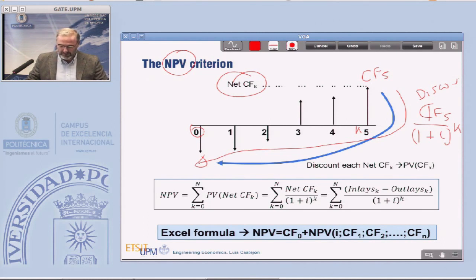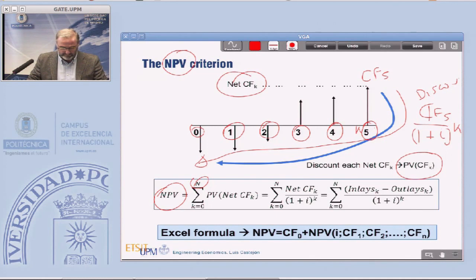And then what we do is we calculate for year 1, for year 2, for year 3, for year 4, for year 5. We calculate the present value of those cash flows, and then the cumulative sum of those present values is the net present value of the project. As you see here, the formula is the sum from k equal to 0 to n, n being the service life of the project.